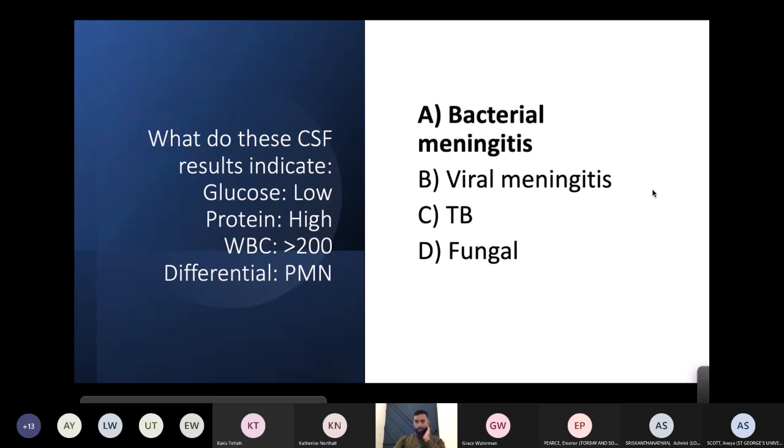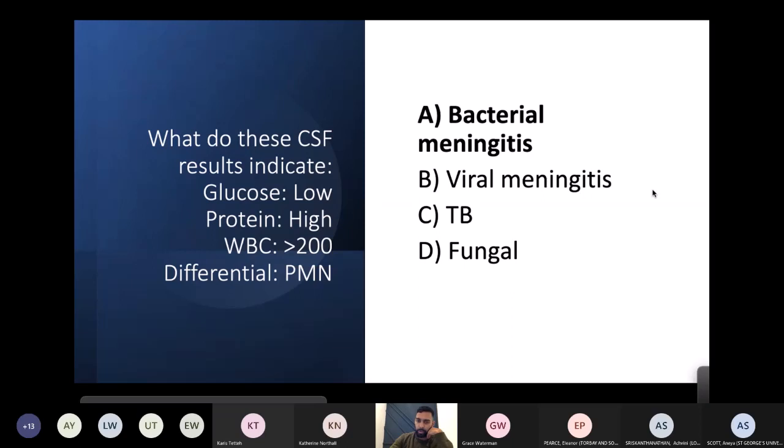Right, so yeah, it's bacterial meningitis, and like I said, it's low glucose. The protein count's usually high, and the white blood cell count is often very high. So that's all indicative of bacterial meningitis.